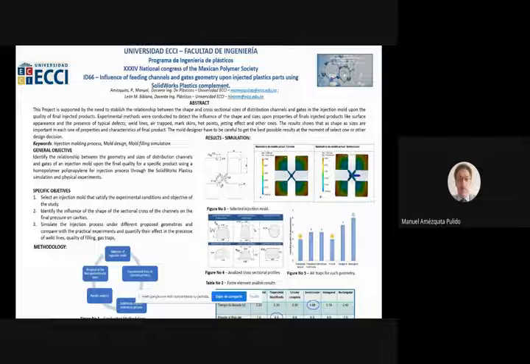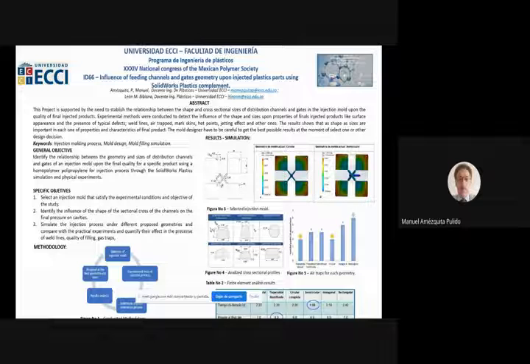Second, identify the influence of shape of the cross section of the channel on the final pressure on cavities. Third, simulate the injection process under different proposed geometries, compare with the practical experiments, and quantify their effect on the presence of weld lines, quality of filling, gas traps, and other defects.